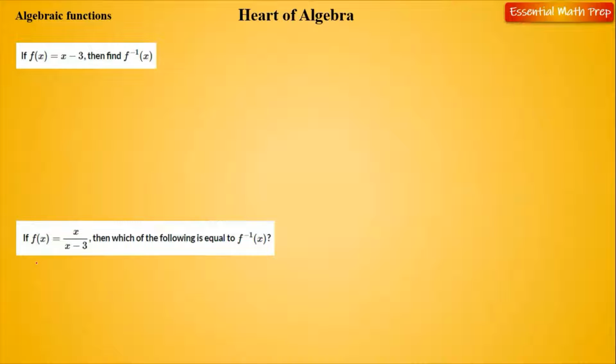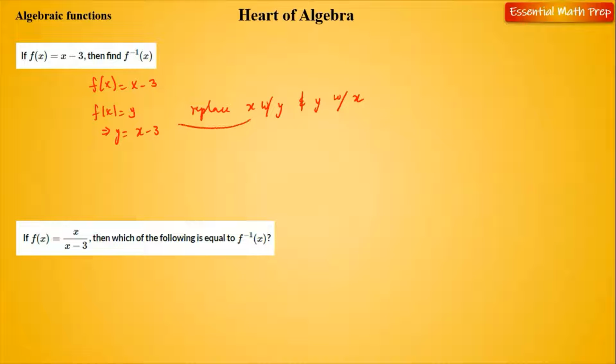Okay. If f of x equals x minus 3, then what is f inverse of x? So we know f of x equals x minus 3. Let's assume f of x equals y, which means y equals x minus 3. Replace x with y and y with x into this expression. So y becomes x, x becomes y.